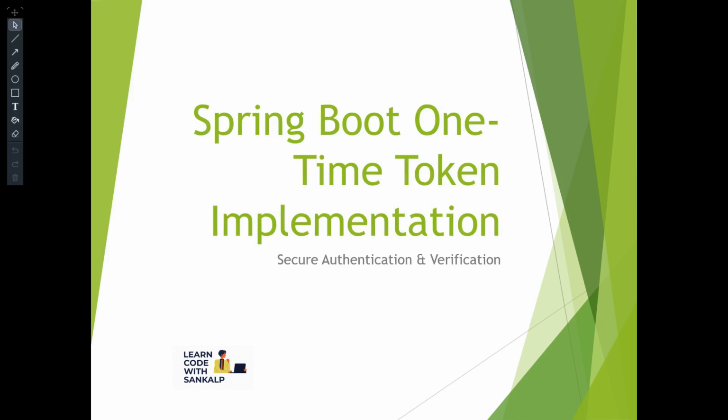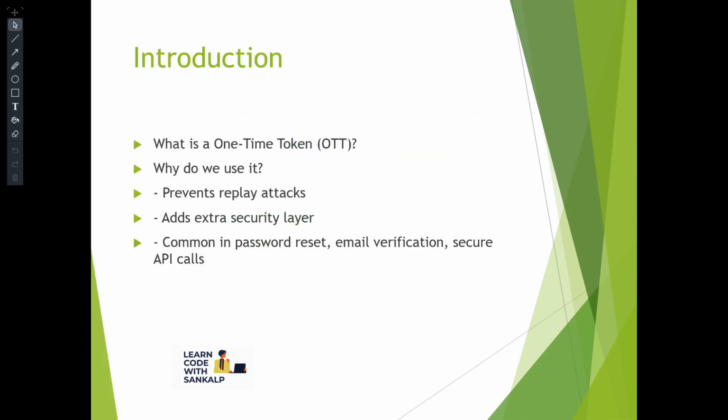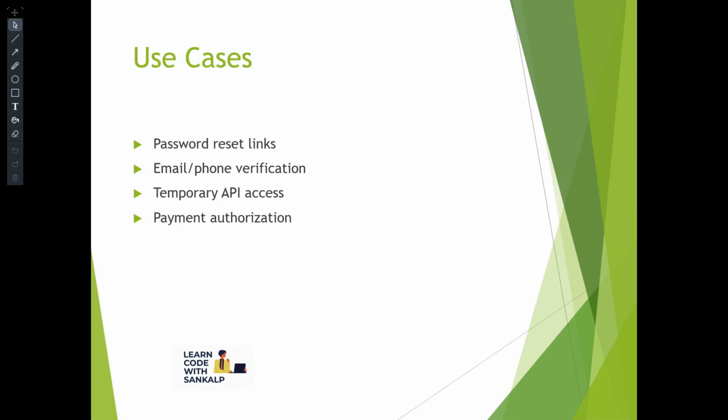Okay, the second slide is the introduction. What is a one-time token? Why do we use it? To prevent replay attacks and add an extra security layer. It is common in password reset, email verification, and secure API calls. Use cases: password reset links, phone and email verification, temporary API access, payment authorization.